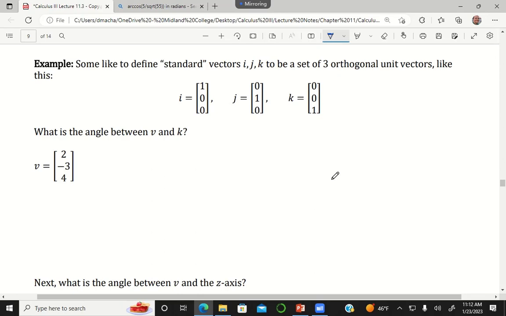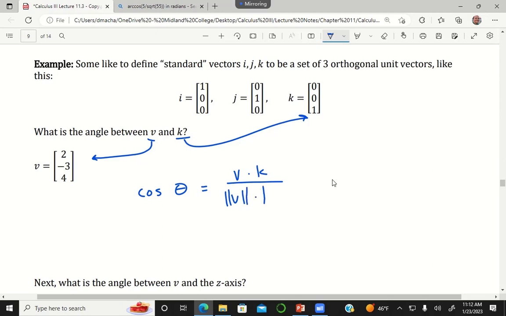Okay, so we're asking what is the angle between this vector v and this vector k. We know cosine of theta is going to be v dot k over norm v times norm k. I shouldn't use a dot because that might be confusing with the dot product.